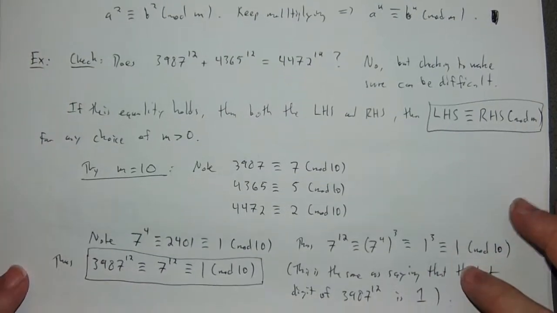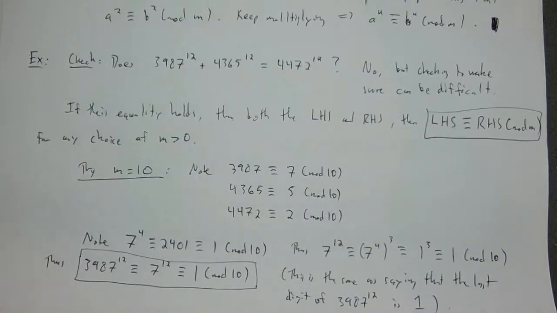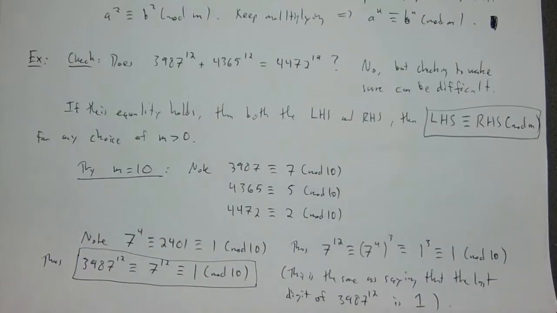Right? So this statement is the same thing as saying that if I actually do this exponentiation, 3,987 to the 12th, what is the last digit of that? It turns out it's 1. Okay. Because remember, the last digit of a number like this is just whatever its least non-negative residue is mod 10. So in this case, it's 1. So its last digit is 1.